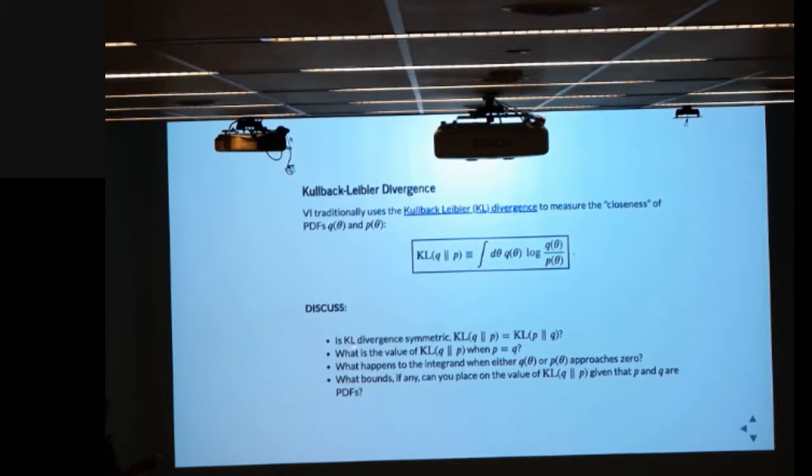Okay, so first question, is this KL divergence symmetric? So basically, if I use KL divergence to measure the distance between me and x, is the distance from me to x the same as the distance from x to me? Well, by inspection, looking at the equation here, it's not symmetric. But that's kind of weird, right?